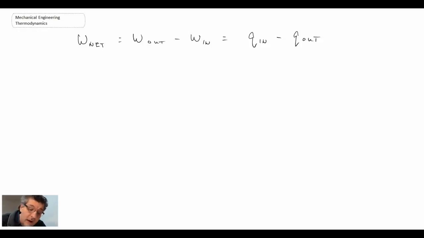So we're now going to apply the first law to each of the components, and we'll assume them to be steady flow components or steady flow devices, and consequently we'll use the steady flow version of the first law.